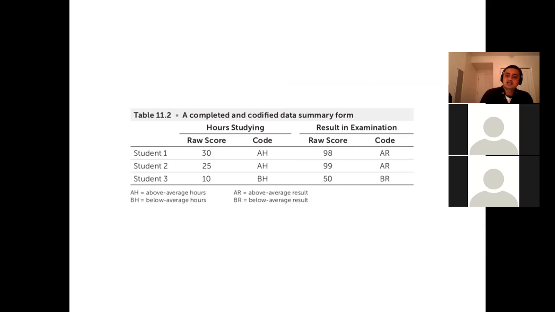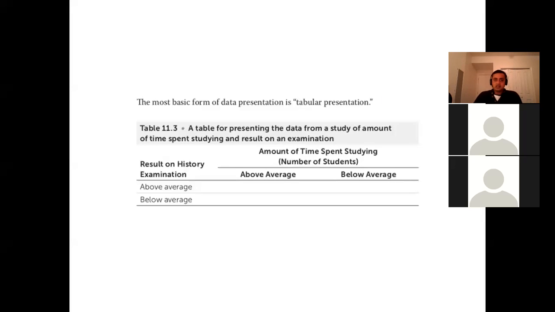AR is above average result, BR is below average result. If you do that for the entire table, then it's easy for you to add the number of students whose result is above average, and have they studied more than the average amount of hours, or have they studied below the average amount of hours, and so on. You can easily categorize this.